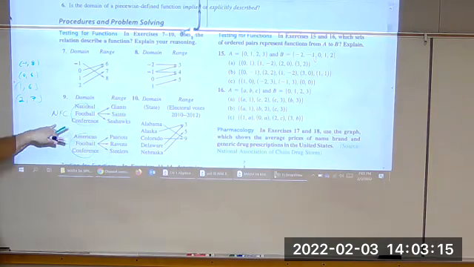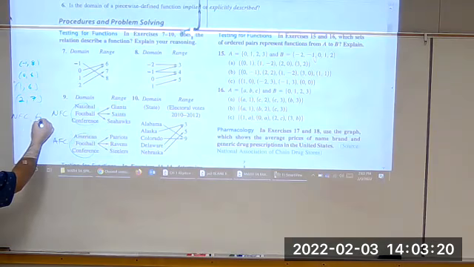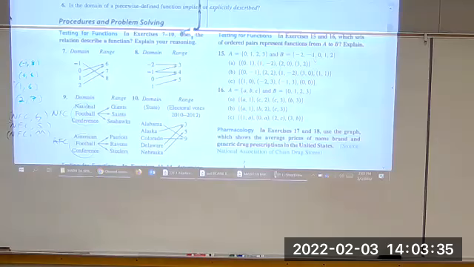So you would have an ordered pair of NFC and then the Giants, NFC and then the Saints, NFC and then the Seahawks. But look at the X's, they're all NFCs. If you're a function, the X's can't be the same.